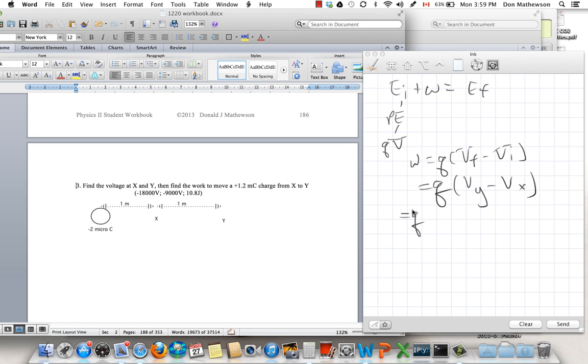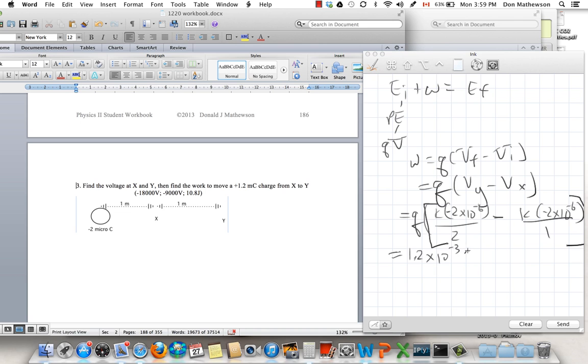And so the potential at the point Y, we're 2 meters away, so that'll be k times minus 2 microcoulombs over 2 meters. The potential at X, we are only 1 meter away. So the little charge Q is 1.2 millicoulombs.